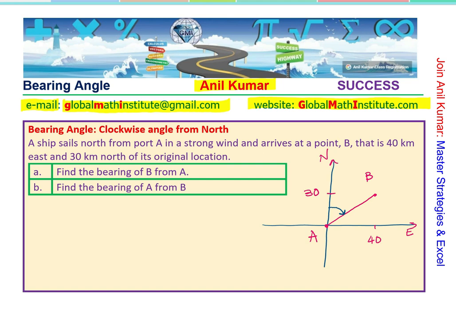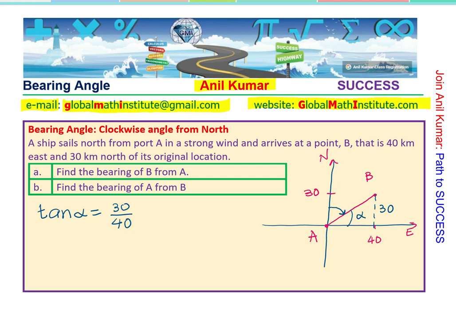What we can do here is drop a perpendicular, and let's say this angle is alpha. In that case, we know what tan alpha equals. Tan alpha will be 30 over 40, right?